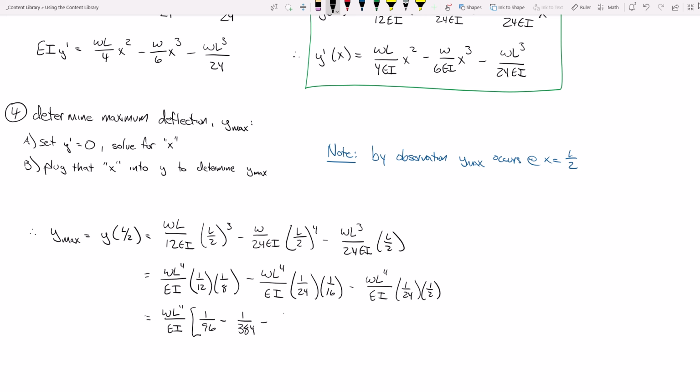Minus 1 over 48. Does anybody have a Casio FX 115ES Plus? Pretty good. Well, pi equals e equals 3, take it or leave it, right? 1 over 48 minus 1 over 384.